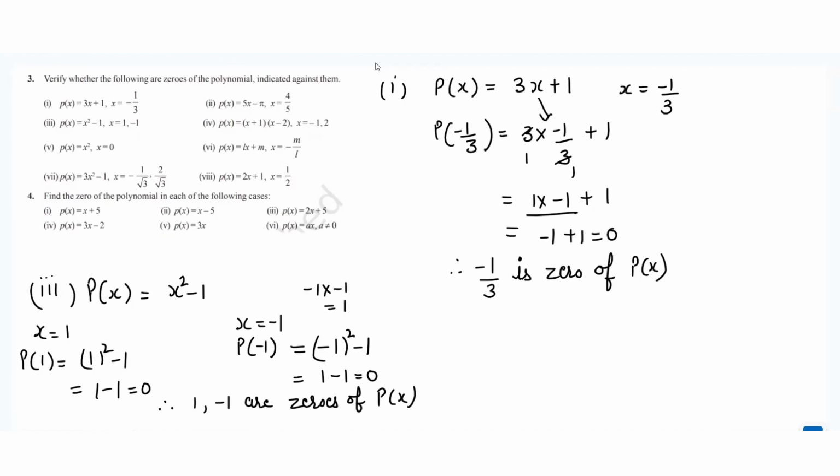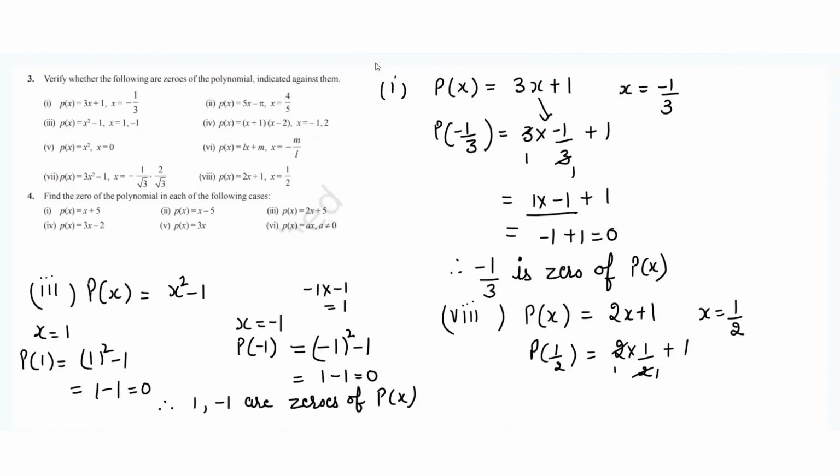Similarly, we can take another example, the eighth part. P(x) is equal to 2x plus 1. So x is equal to 1 by 2. So P(1/2) will be equal to 2 into 1 by 2 plus 1. 2 ones are 2, 2 ones are 2.